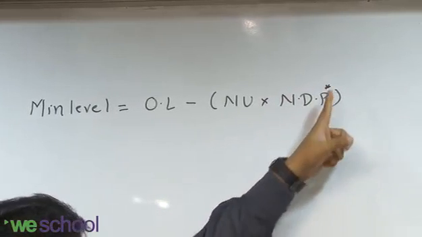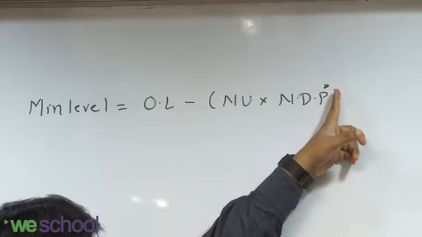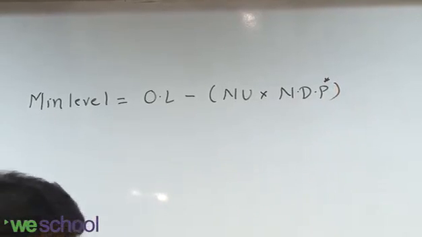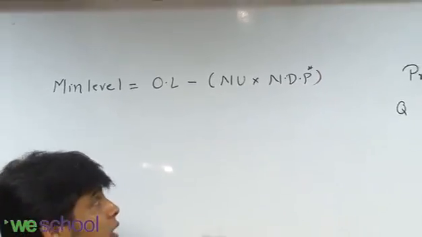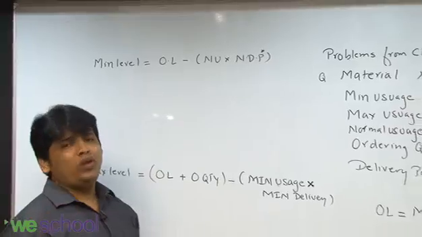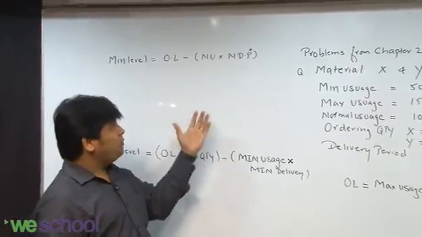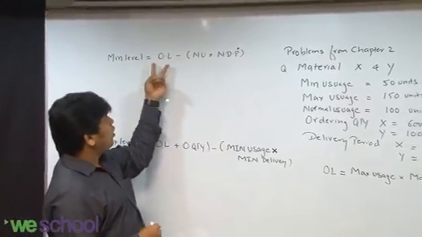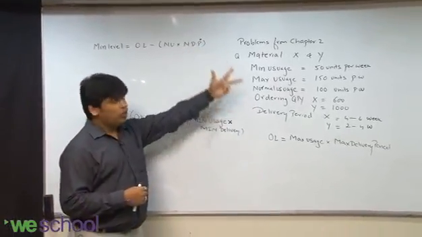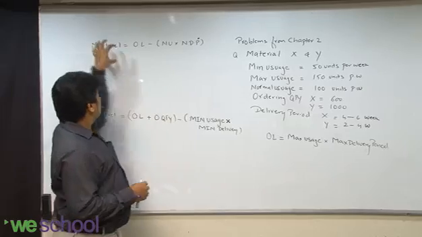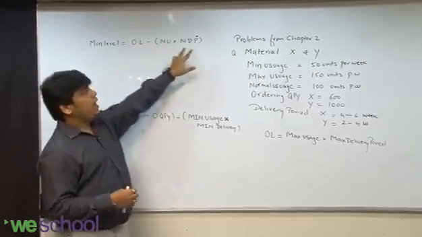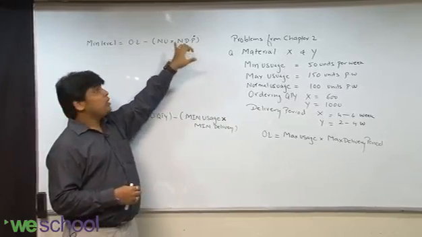There is a star mark, a point I have put above normal delivery period, which means you have to calculate it. So in this formula I have to calculate the ordering level and the normal delivery period, which are not given. In order to calculate minimum level, first I have to calculate the ordering level and normal delivery period.